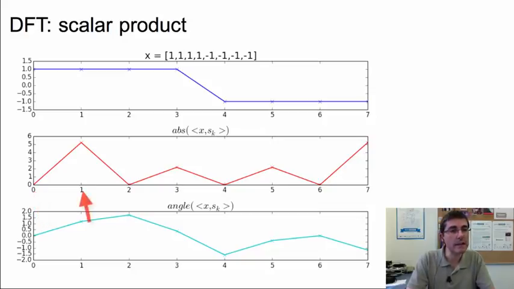Frequency k equal 1 is very much present, but k equals 3 is also present, and k equal 5, and again k equals 7 is also present. And the phases mean how these sine waves are located in the time location. So this is the DFT operation, and basically this is going to be the core of all the things we will be doing.